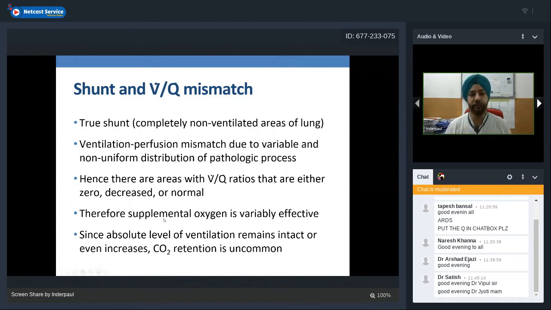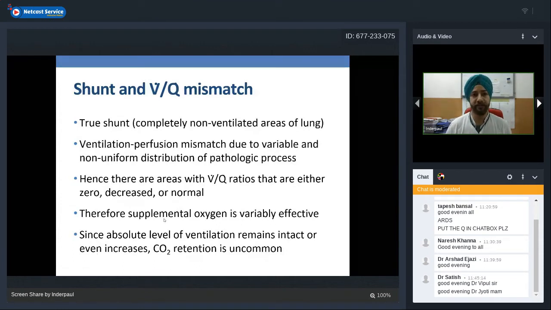That is why you see some response to supplementary oxygen. Truly, in a shunt, you should not have any response to oxygen. Even if you give oxygen in a shunt, you will not see any increase in the oxygenation.